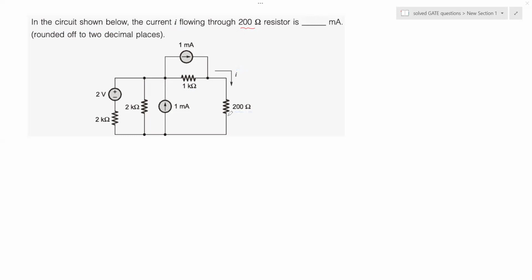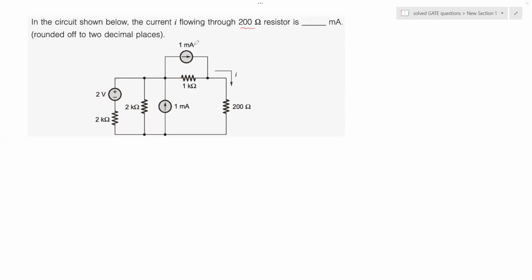So how do we approach this problem? What I would do is redraw the circuit using the source transformation technique, which says that I can replace this voltage source in series with the resistor by means of a current source across the equivalent resistance of this combination.